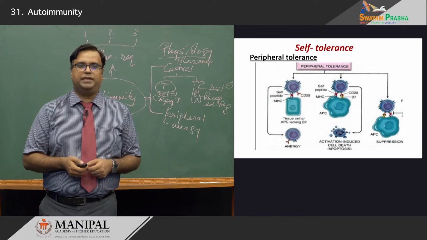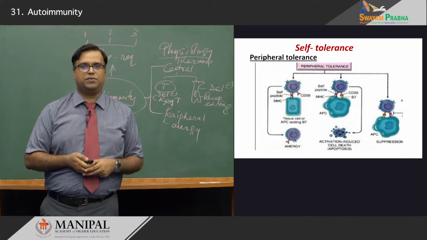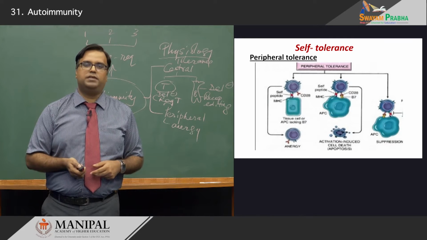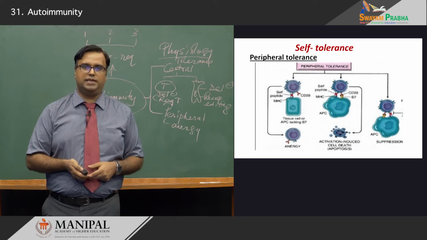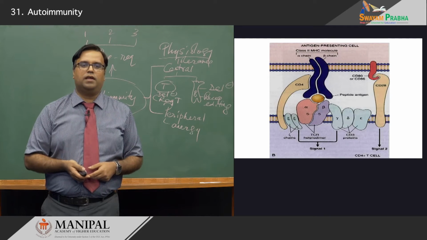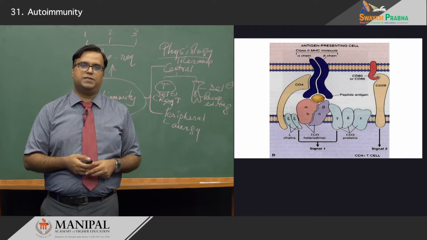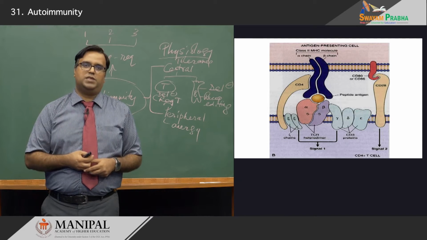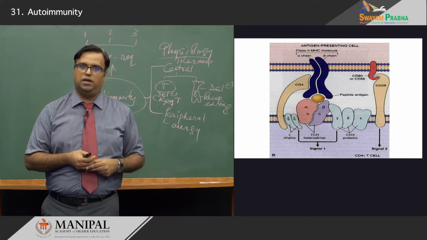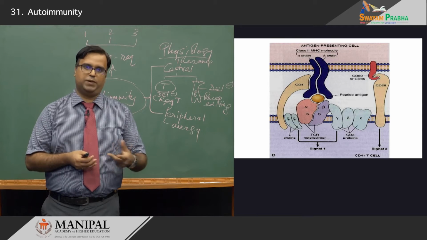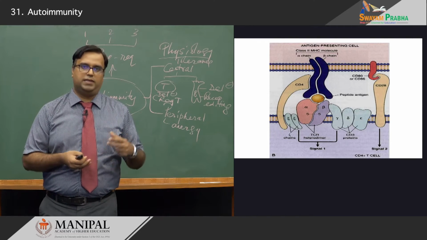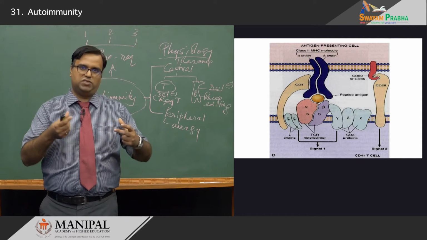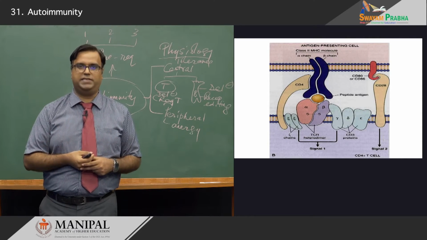Now, we know that T cells, as you can see up on your screen, require two important events to get stimulated. Number one, you require the antigen presenting cells, which have to home in here. As you can see on the top of your screen, the antigen presenting cells will bring in the antigens in combination with MHC class 2 molecule because it's a CD4 lymphocyte. Signal 1 is generated because of the structural rearrangement of the T cell receptor.